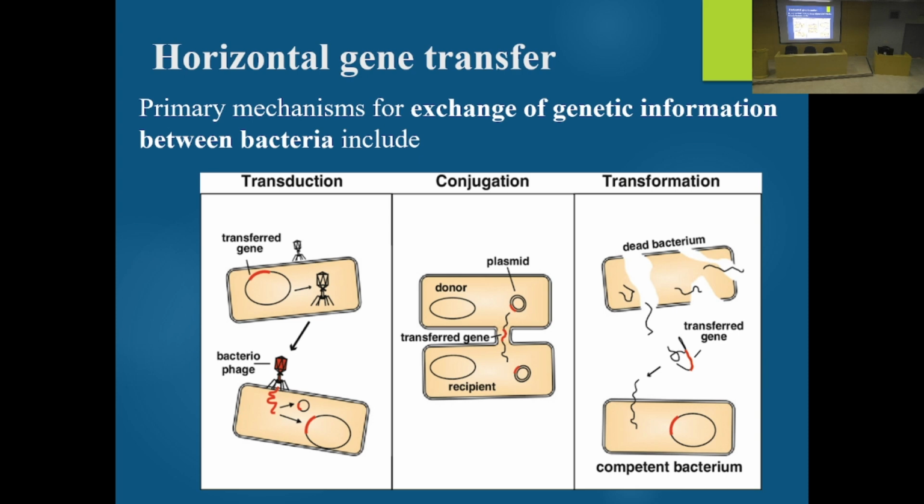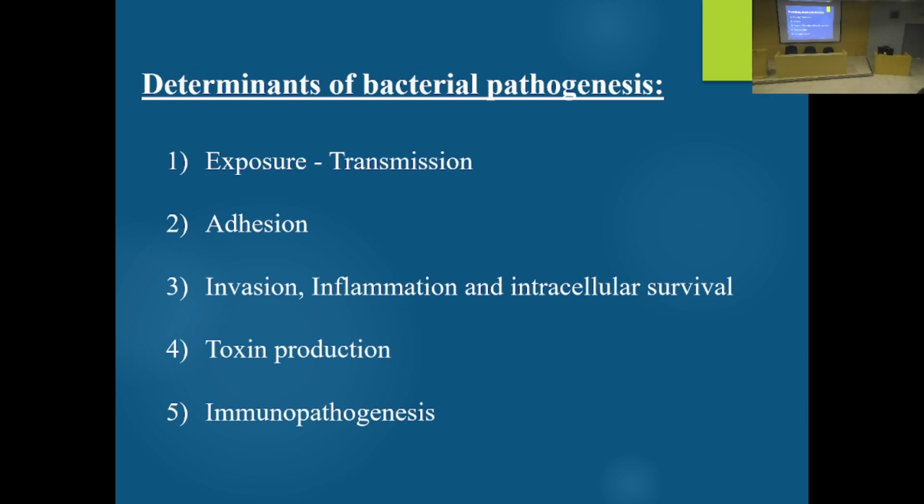For transduction, it is a bacteriophage. A bacteriophage which carries genetic information for resistance genes, toxins or virulence factors can transmit that information to another bacterium. That is transduction. The third one is transformation, where genetic information from a dead bacterium is transferred to a competent bacterium. So these are the three different mechanisms of gene transfer.